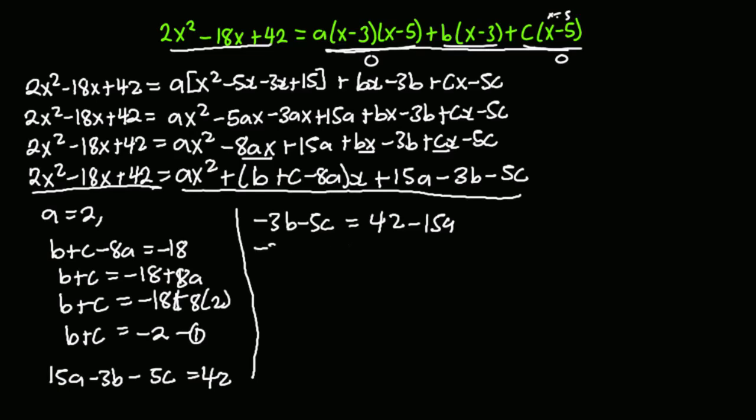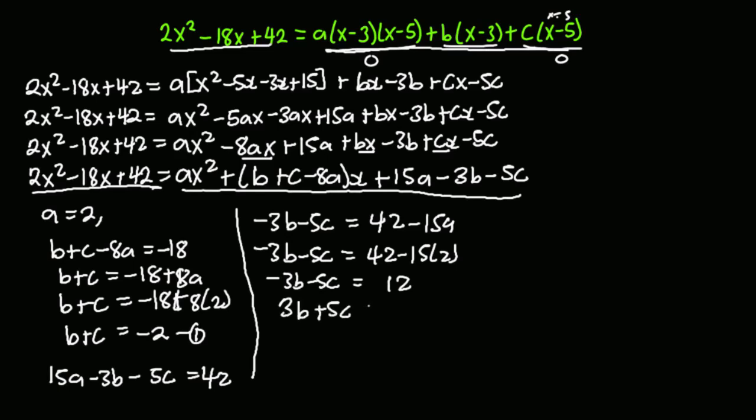So that will give us negative 3b minus 5c is equal to 42 minus 15 into bracket 2. So negative 3b minus 5c should give us 12. So we can rewrite this and say that this is 3b plus 5c is equal to negative 12, sorry. So this is equation 2.